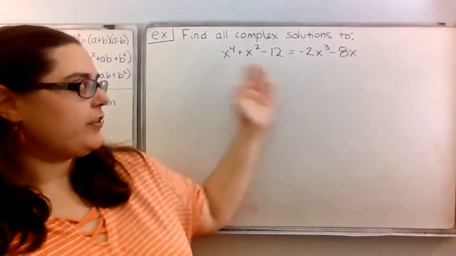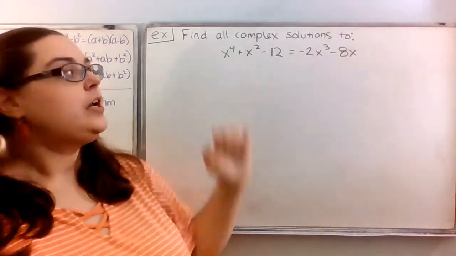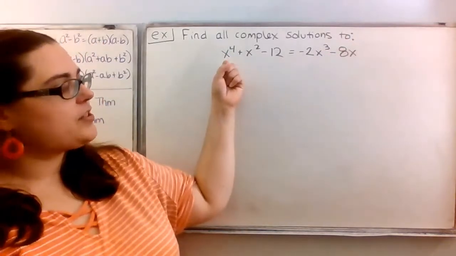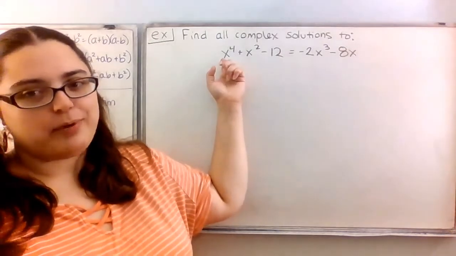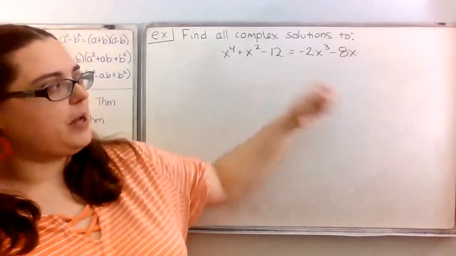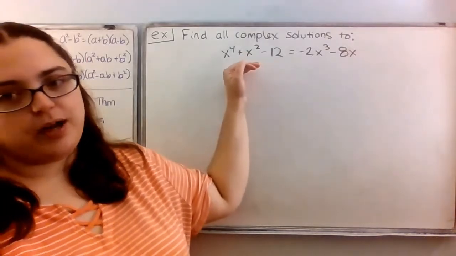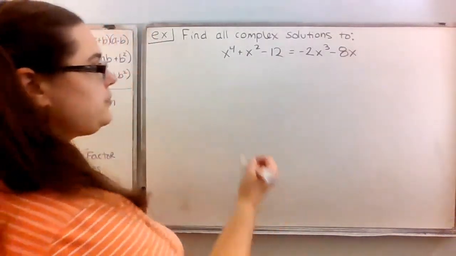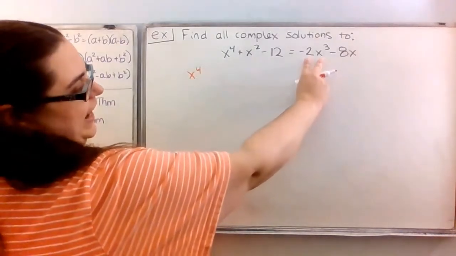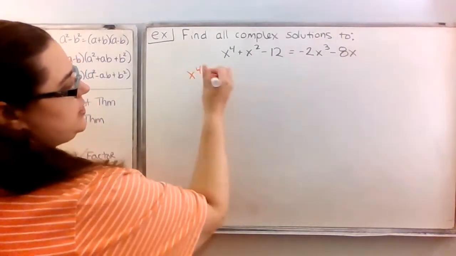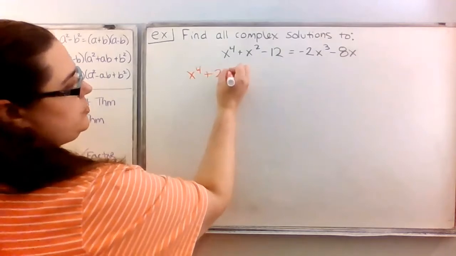So you pick your poison here. You can decide to bring everything to the right or everything to the left. Because I notice x to the 4th is on the left and it's got a positive coefficient. And I like that about a polynomial to have a leading coefficient that's positive. I'm going to bring these two terms over to the left. So I'm going to have x to the 4th. When I add 2x cubed to both sides, I'm going to get plus 2x cubed.